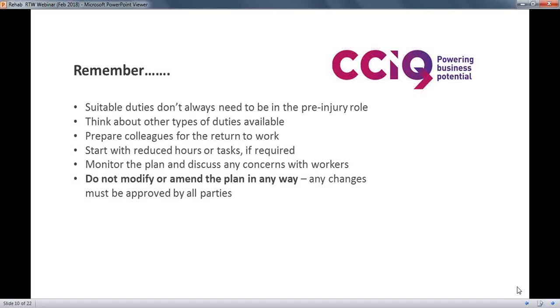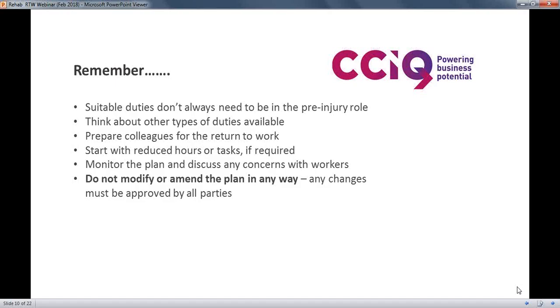Now, it might be that you don't actually have any work available for the person at the time. There may not be any vacancies. There may not be any way that you can give the person meaningful work. Or it may be the case that a suitable duties program has put such limitations on the worker that they're very limited in what they can actually do as part of their recovery.